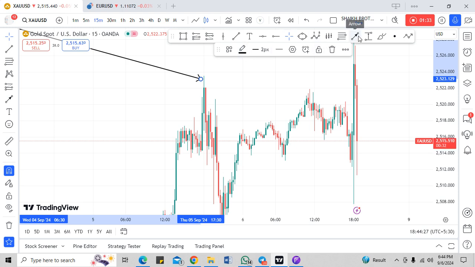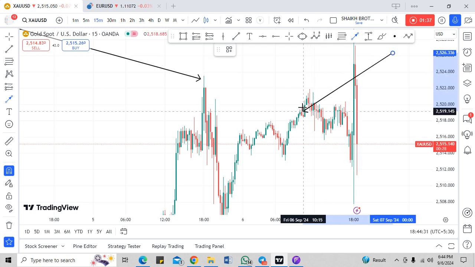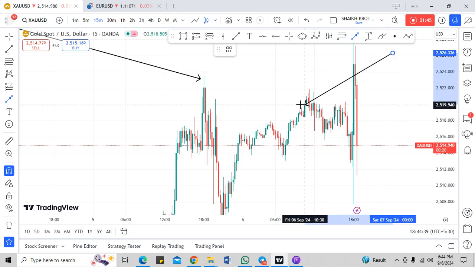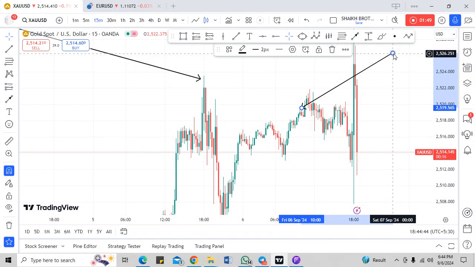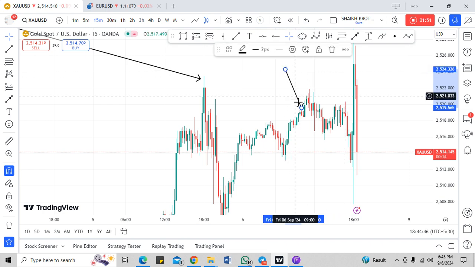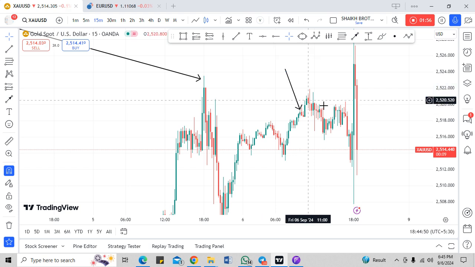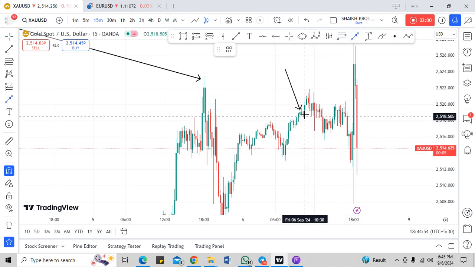Today, before the London session opened, I saw a signature setup. You can say signature setup or just QM level. This is the high, and this is the low.